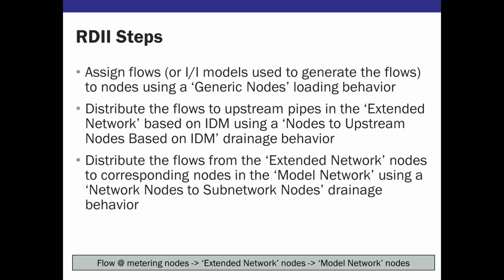Once that's done, we distribute those flows to the upstream pipes in the extended network based on inch diameter miles, using a drainage behavior called nodes to upstream nodes based on IDM. The final step is to take the flows at the nodes in the extended network and transfer them to the model network nodes, and again, we use the network nodes to subnetwork nodes drainage behavior.